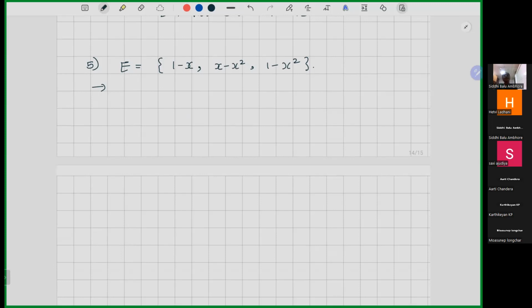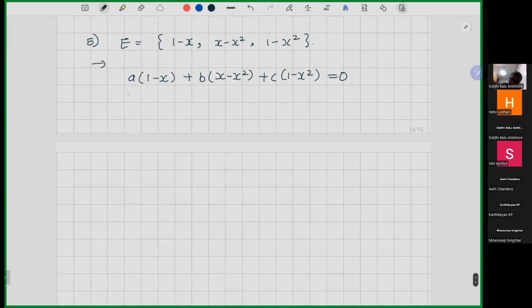Okay, so in this case, we can't conclude that this is not a basis just because it has cardinality 3. So we have to go by our standard method, where we check whether this set is linearly dependent or independent.